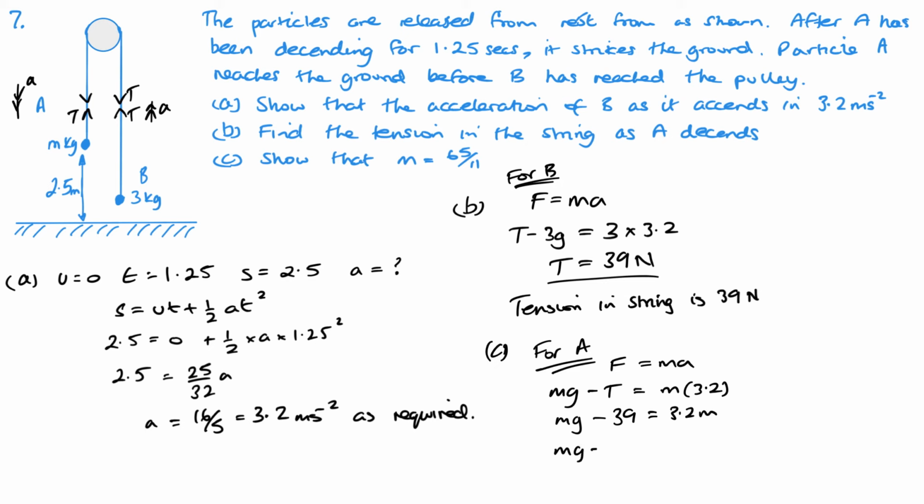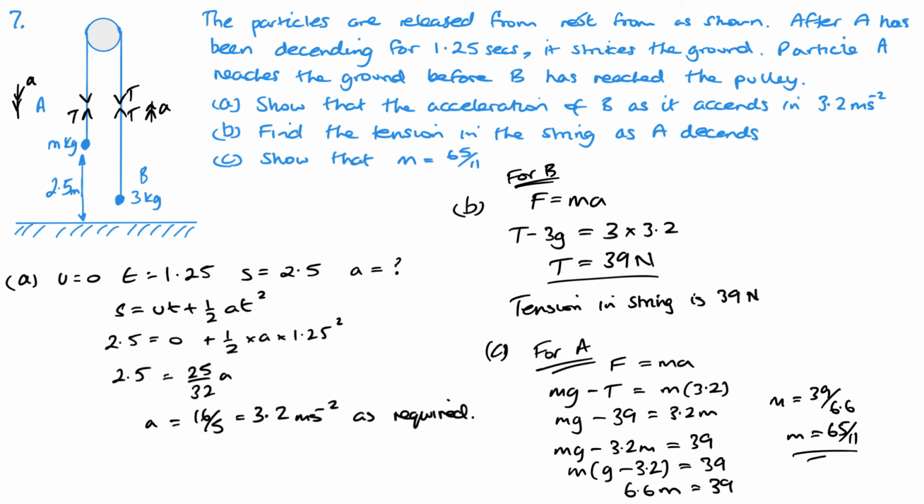So mg minus 3.2m equals 39. Factorize out the m, so g minus 3.2, or you can actually just work that out because g is 9.8. So this is the same as 6.6m, and that's 39. And then dividing by the 6.6, we get 39 over 6.6, which is 65 over 11. As required.